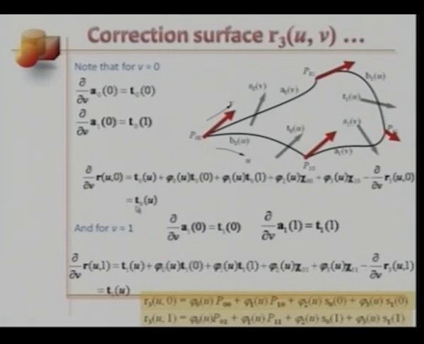So from this equation we can compute partial r3 with respect to v at u and 0, and from this equation we can compute partial of r3 with respect to v at u and 1. And we already have information pertaining to r3 for u and 0 and r3 for u and 1. All we need to do is use the set of 4 data to create a lofted surface R3.